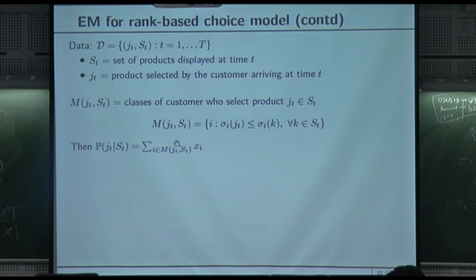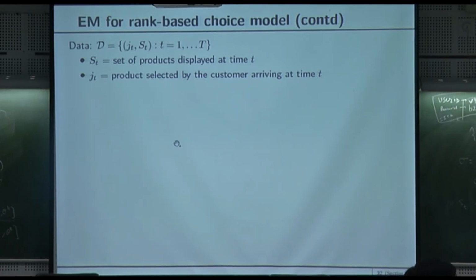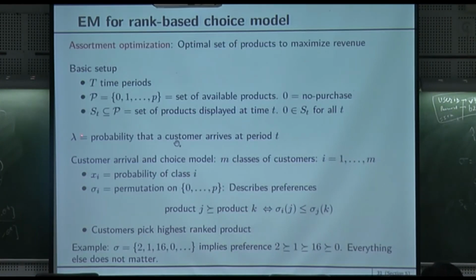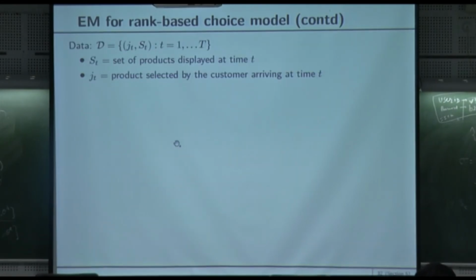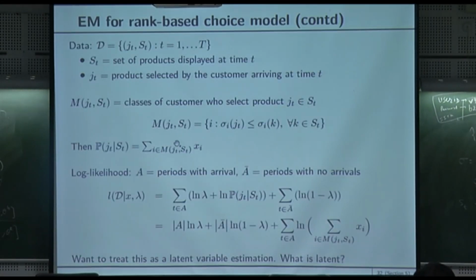Question? Yes. What happened, for example, with this particular example, if a customer comes and the traffic intensity is not that high, so he couldn't wait to see even a product, calculus of him choosing or not choosing anyone. Yes. So what you're saying is that lambda might be very small. That's fine. So let me give you a preview.